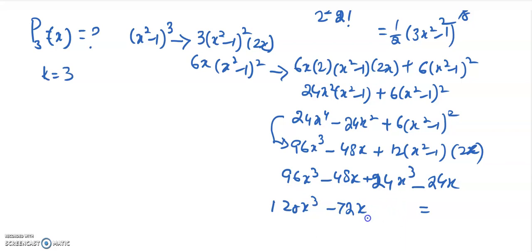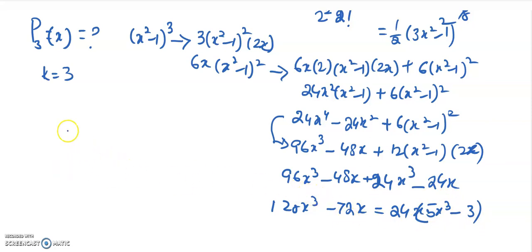cubed minus 72x. Now we can take something common between them, which is 24. Taking 24x common, this will be 24x times (5x squared minus 3).